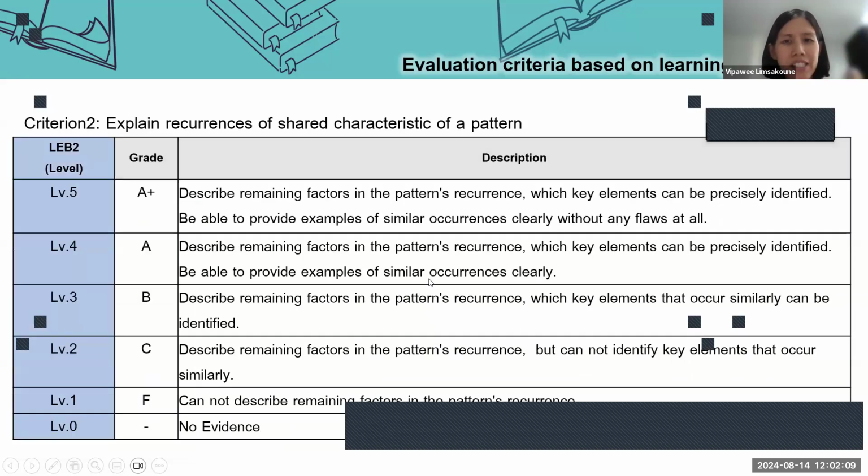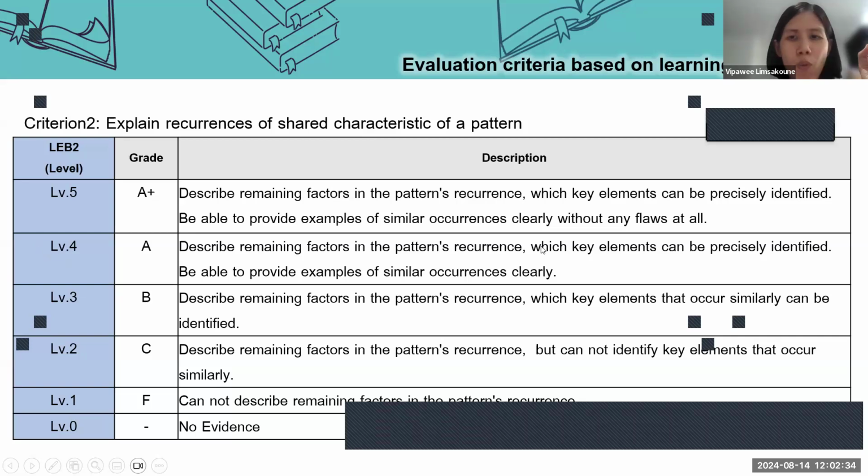Okay. And for the second criterion, explain recurrence of shared characteristics of the pattern, which is the things with the same points. Level 5, when you describe the remaining factors in the pattern recurrence, which key elements can be precisely identified. Be able to provide examples of similar occurrences clearly without any flaw at all.